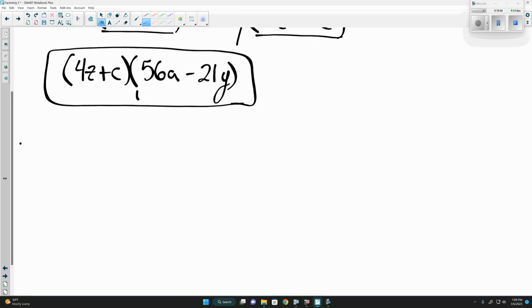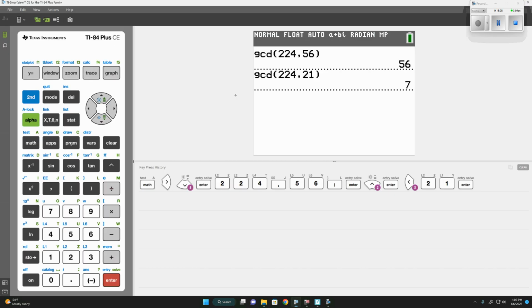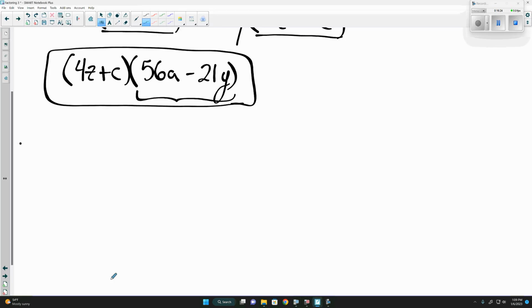But if we look at this one here, 56 and 21, I can pull the calculator up. 56 and 21 do have a greatest common factor of 7. So the answer that we do have here is factored. We did factor it, but it is not completely factored.